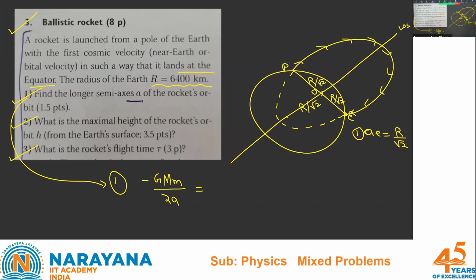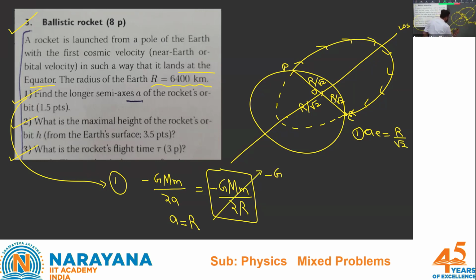So when I have projected it from that place, there I have got a term which is actually minus G capital M small m by twice of R. And that's why I'm saying that A should be equal to R. Just check why I'm writing this, because this term is actually comprised of minus G capital M small m by radius term, and then a half m V square term, the initial term.